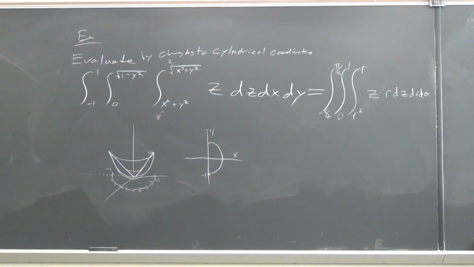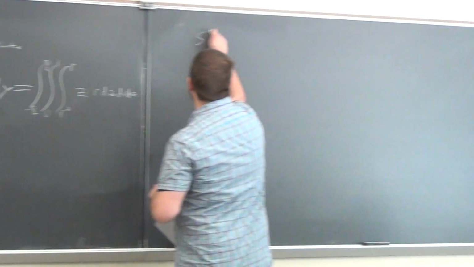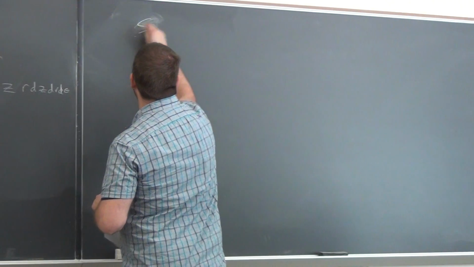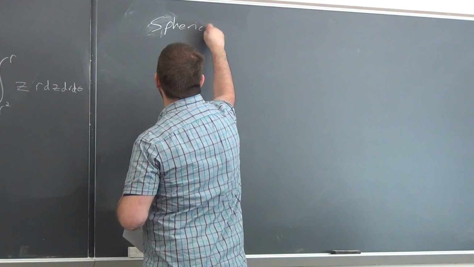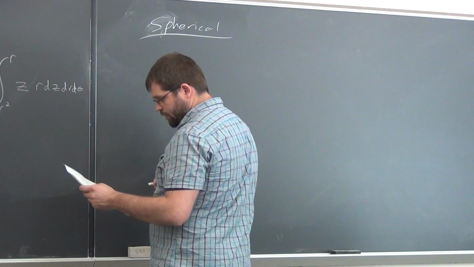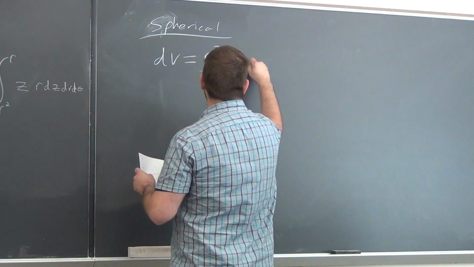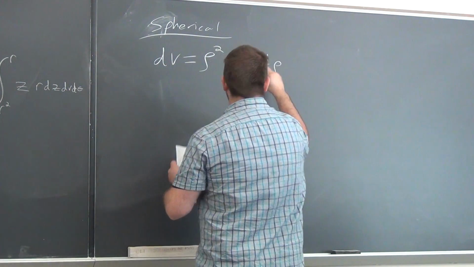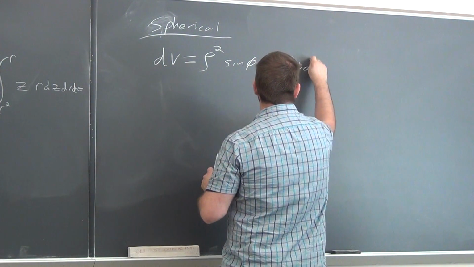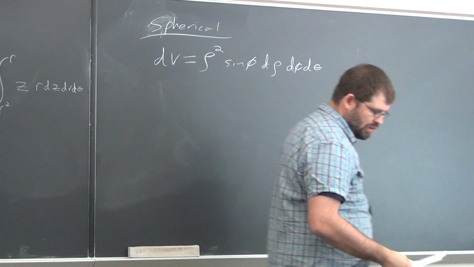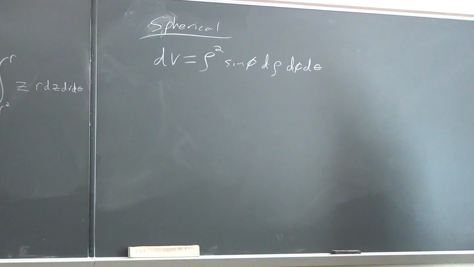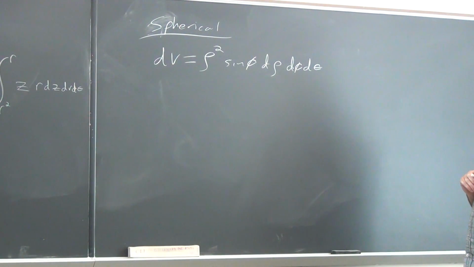All right, let's talk about spherical then for a minute. And then we'll do some more examples next time. When we convert to spherical coordinates, the dV just becomes rho squared sine of phi d rho d phi d theta.